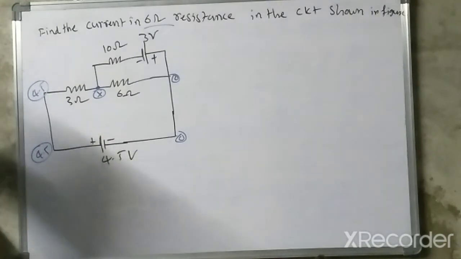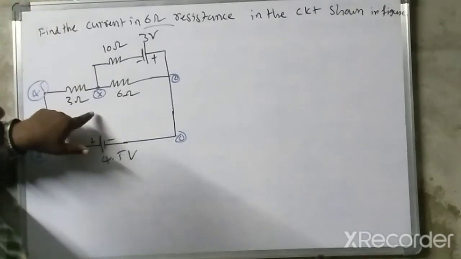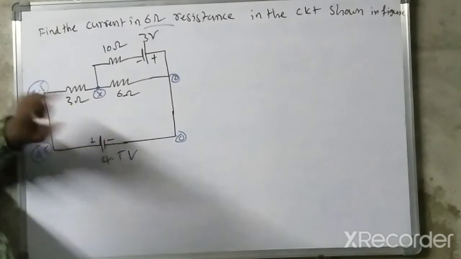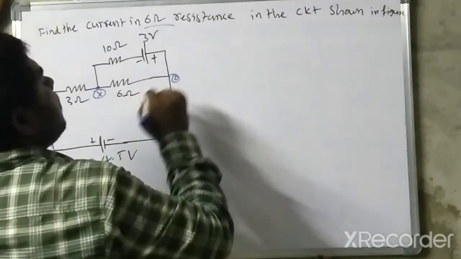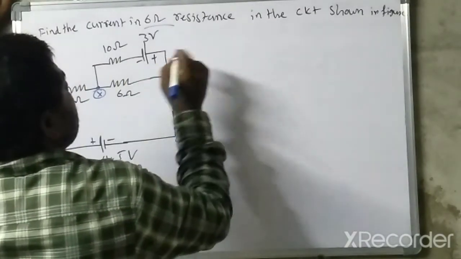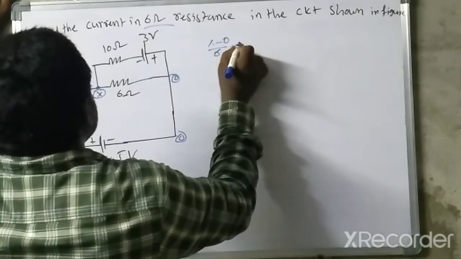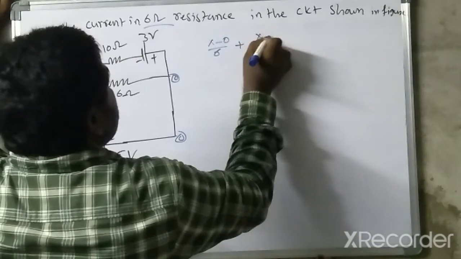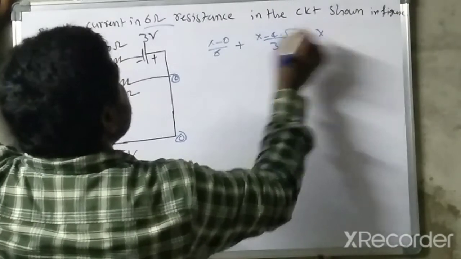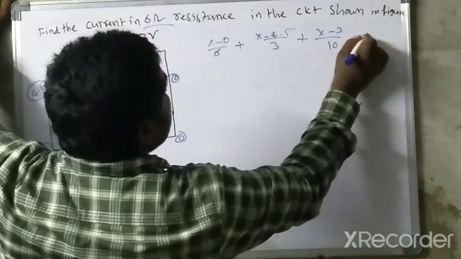So here you may apply the KCL equation for the X potential: X minus 0 divided by 6 plus X minus 4.5 divided by 3 plus X minus 3 divided by 10 is equal to 0.